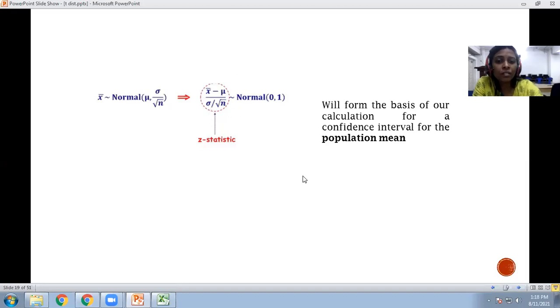So you need to remember this particular formula. I am not going into the concept or the detail of how we have arrived at this formula. This has already been taught in statistics, so I'm not repeating that. You just need to remember this formula because you'll be using it a lot while you're doing your calculations.